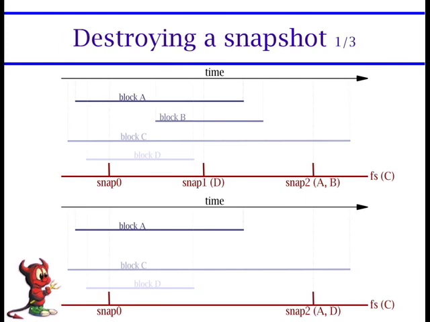We are not limited by the number of snapshots, so there is nothing like storing a snapshot pointer in the block itself. It's only based on the birth time of the block. So in this case, block B was born before snapshot 1, but was also removed after snapshot 1. So if we remove snapshot 1, block B will disappear as well.